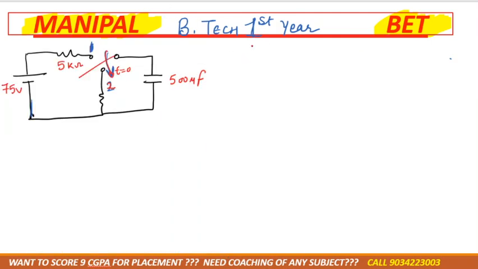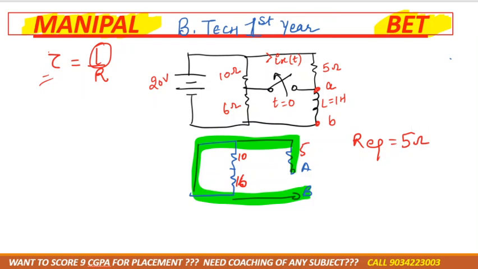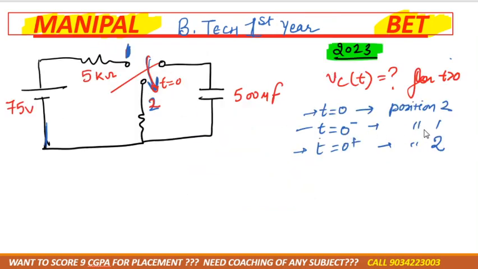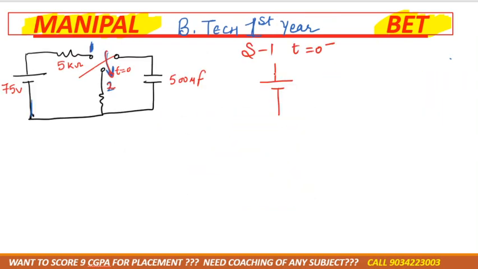At t equal to 0 minus, the switch is connected to position 1, right? It will behave like this. If it is not connected to 2, don't draw it, okay? One thing, capacitor will behave as an open circuit. Mark it always at the A and B terminals.